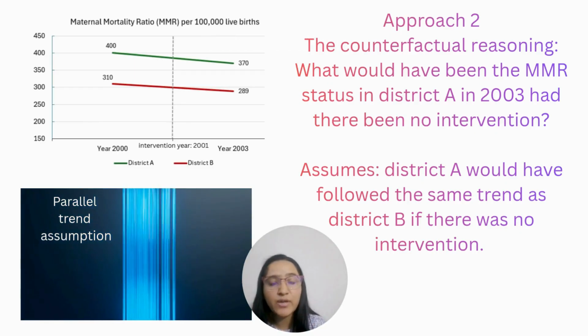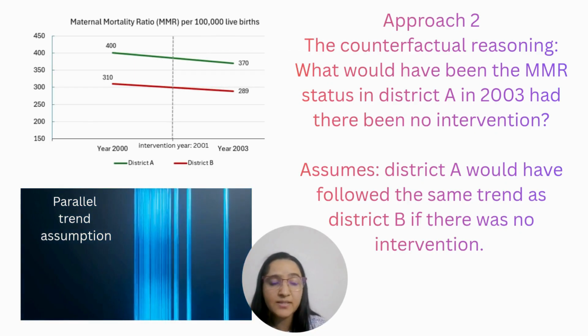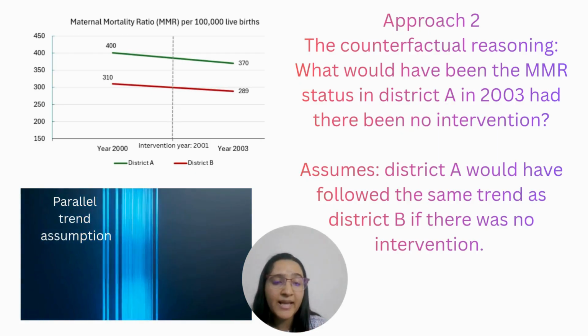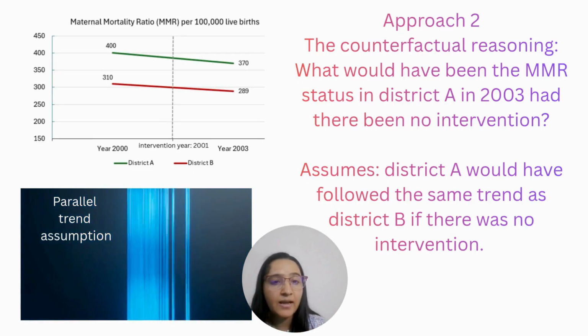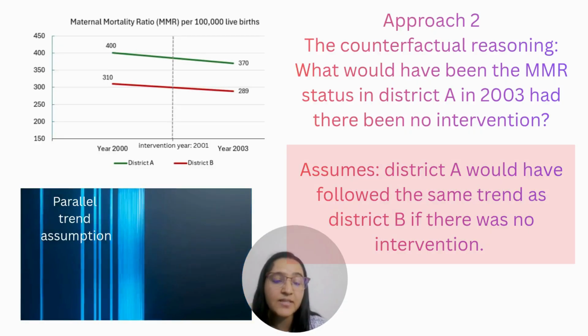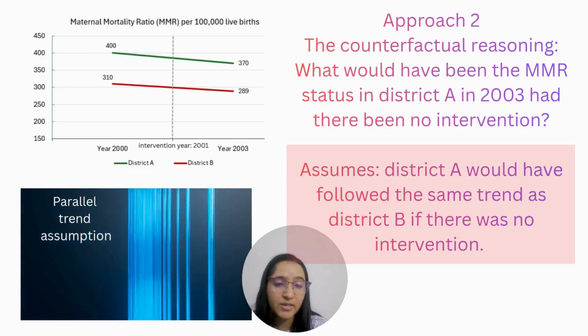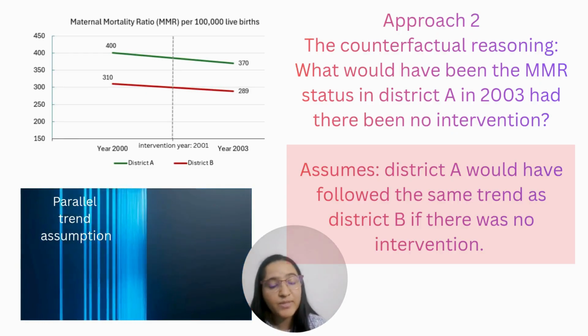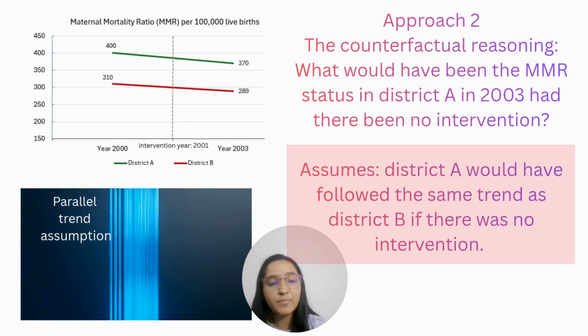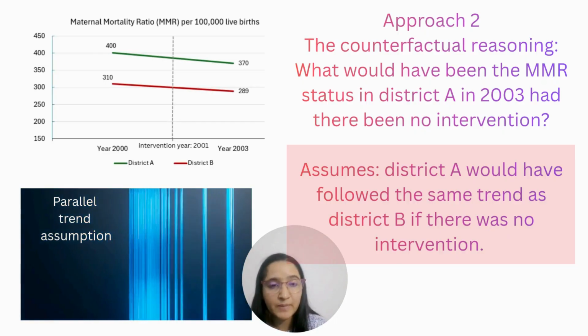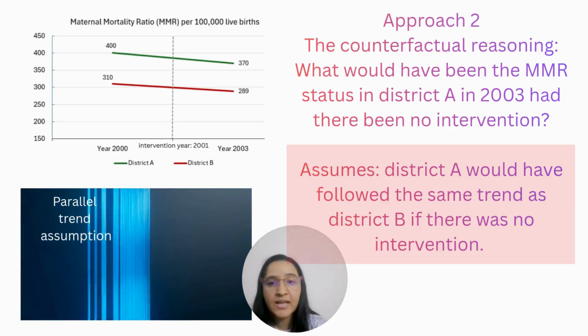So here we try to answer that question, assuming that if District A had not received the intervention, it would have followed the trend just like District B. Because remember earlier we said that District A and District B are comparable in many different indicators.